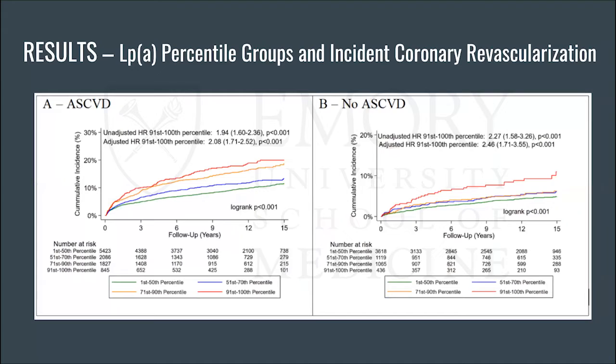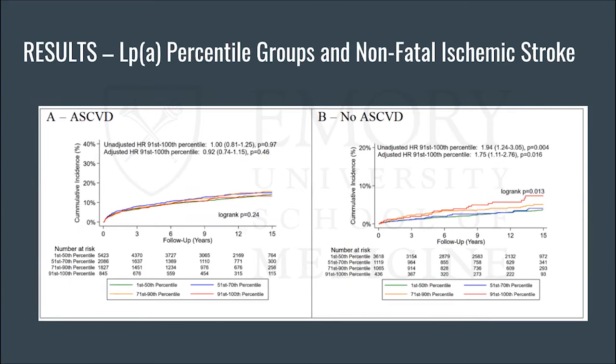In terms of the other supplemental figures, this breaks it down to the second variable, coronary revascularization, and this follows the same trend as the myocardial infarction pool, with both log ranks being significant in both groups. However, this trend does not continue when you break it down to non-fatal ischemic stroke.